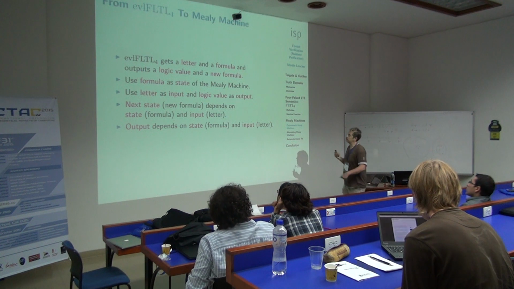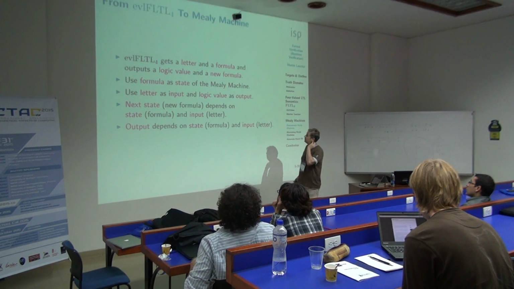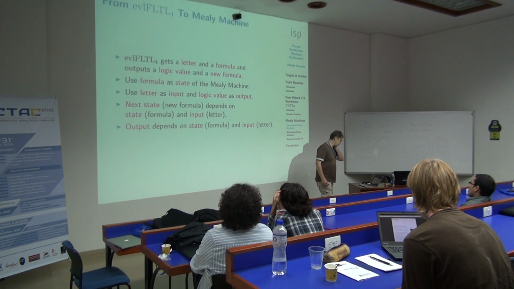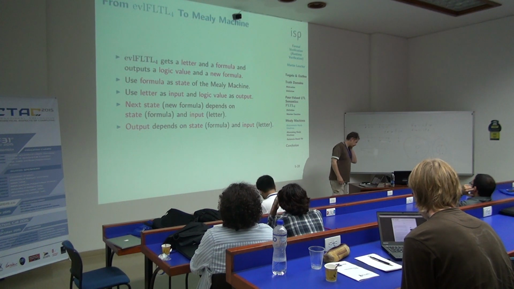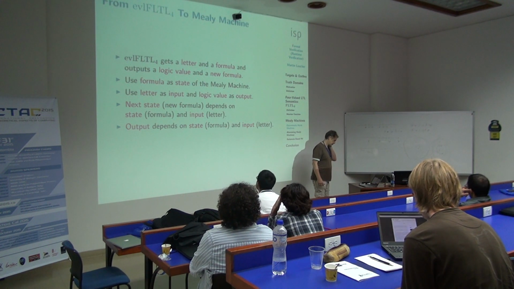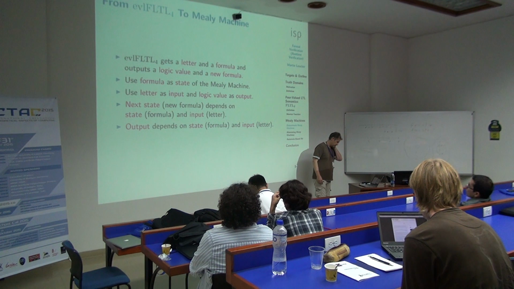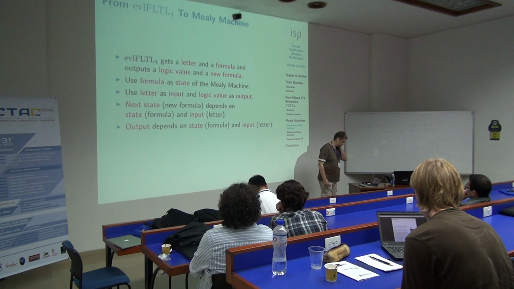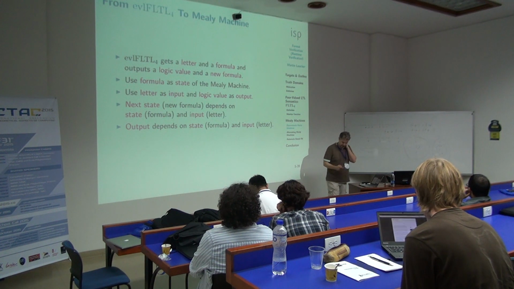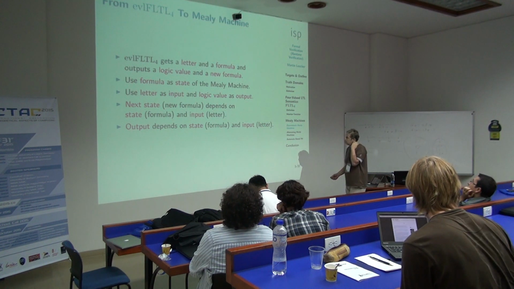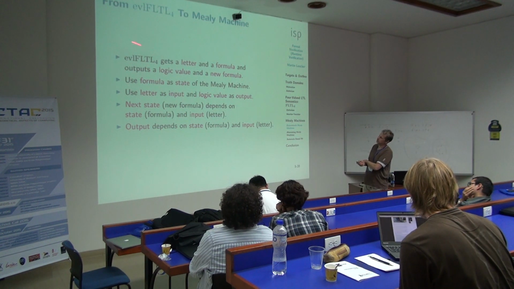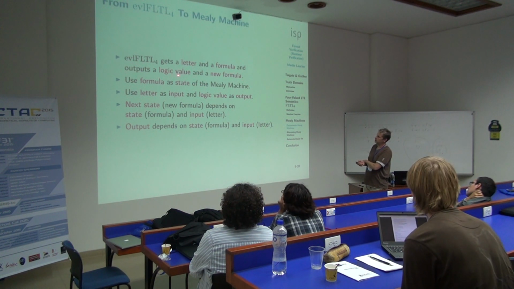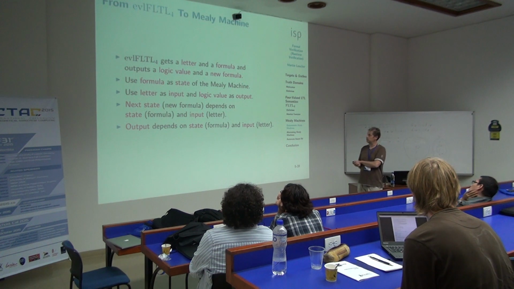So now we want to translate our procedure eval in FLTL4 to a Mealy machine. But actually, it more or less is a Mealy machine already. Let's recall again: in FLTL4, it gets a letter and a formula, outputs a logic value, and we get a new formula.